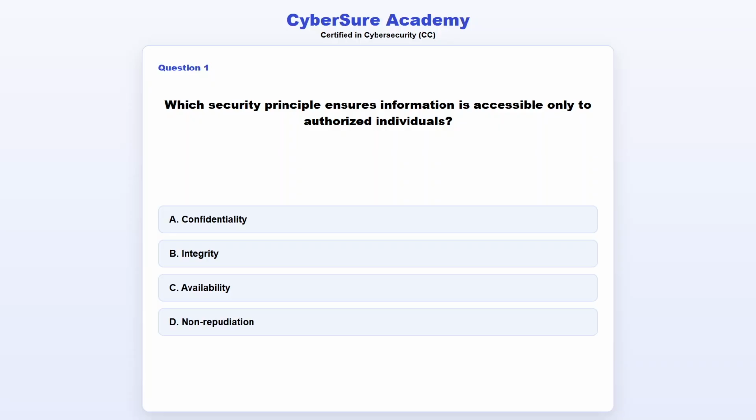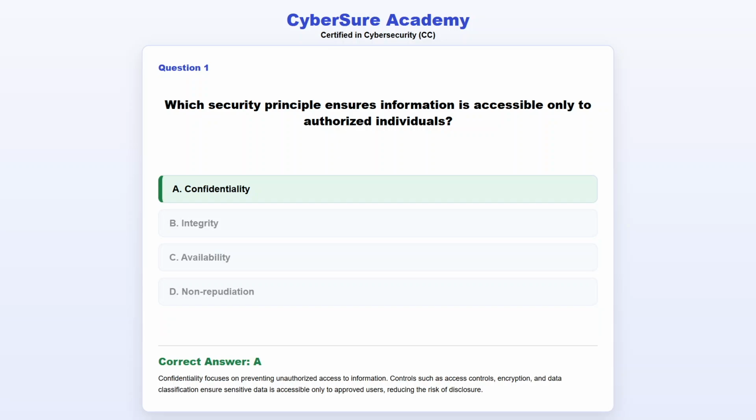The correct answer is A. Confidentiality focuses on preventing unauthorized access to information. Controls such as access controls, encryption, and data classification ensure sensitive data is accessible only to approved users, reducing the risk of disclosure.